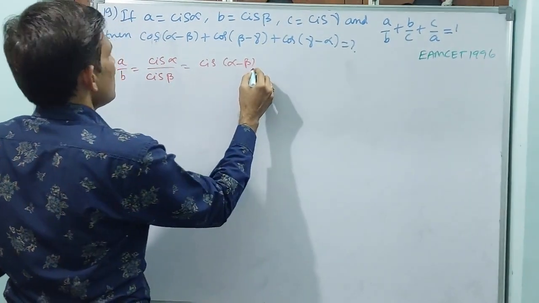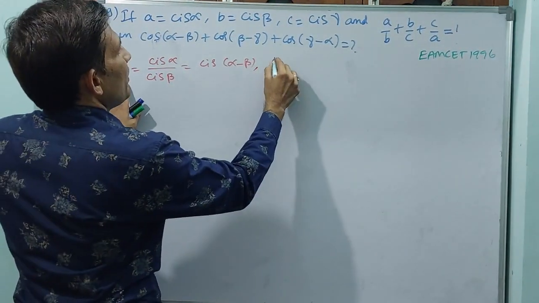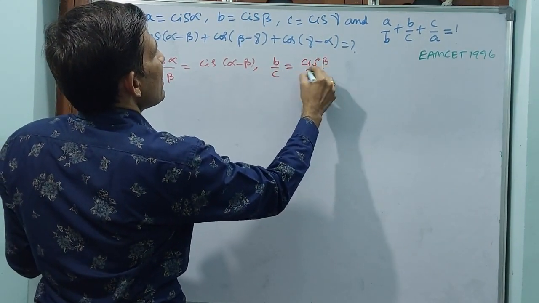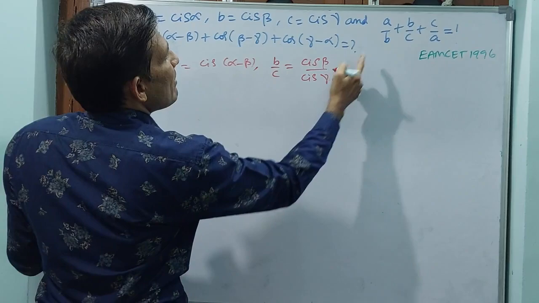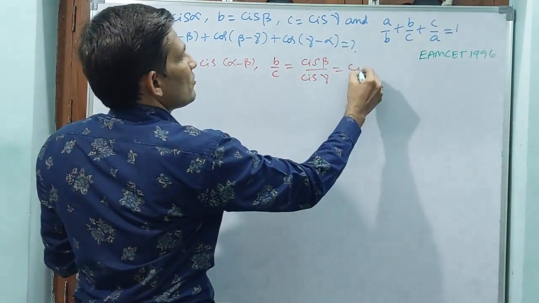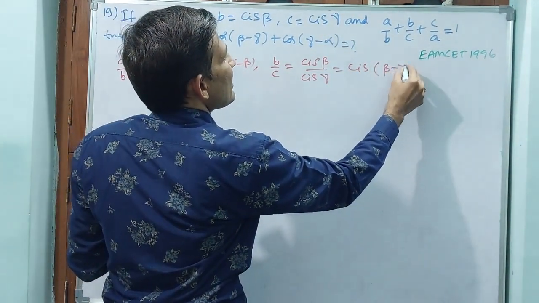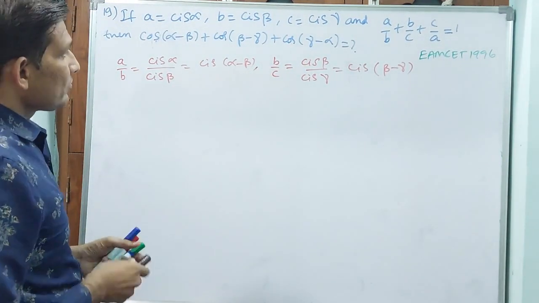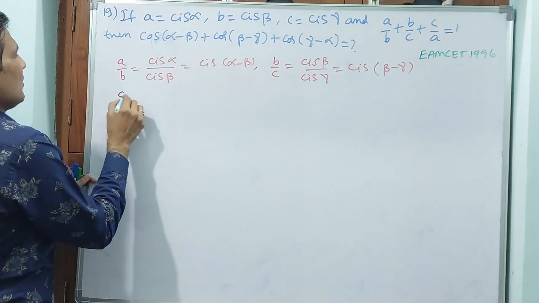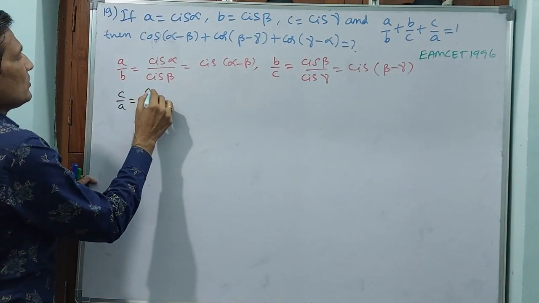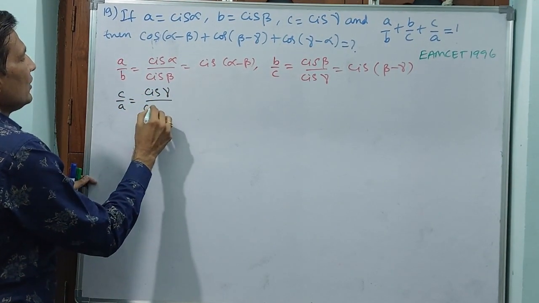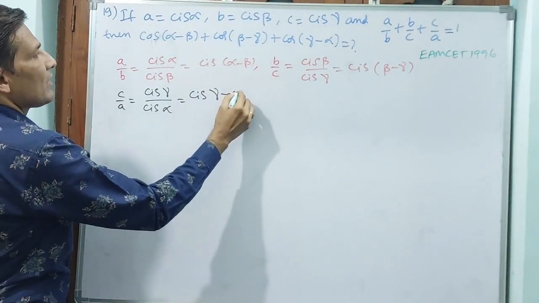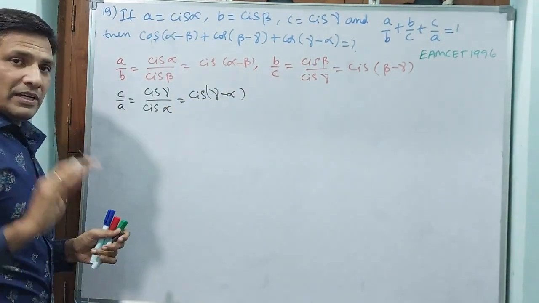Now B by C is equal to CIS beta by CIS gamma, that is equal to CIS beta minus gamma. Now go for C by A. C by A is equal to CIS gamma by CIS alpha, that is equal to CIS gamma minus alpha. Okay?